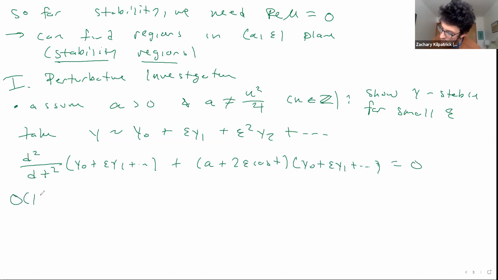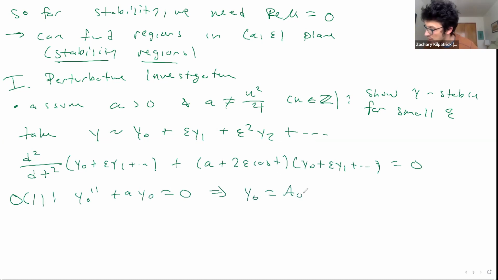So at order 1, we're going to have y0 prime prime plus a y0 equals 0. This is easy to solve. We get y0 is equal to a0 e to the i square root of a t plus its complex conjugate, a0 bar e to the minus i square root of a t.